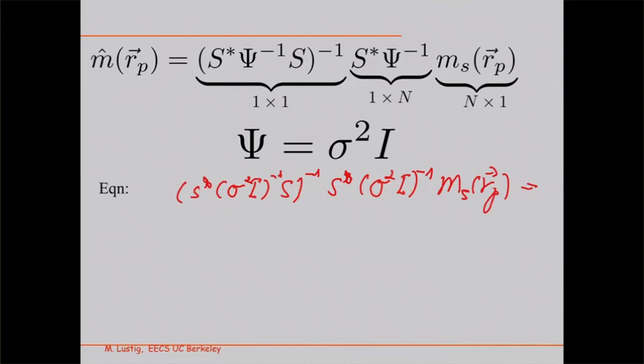So it's actually independent of the variance. And so what you get is S conjugate S to the minus 1, and then S conjugate M sub S at RP.